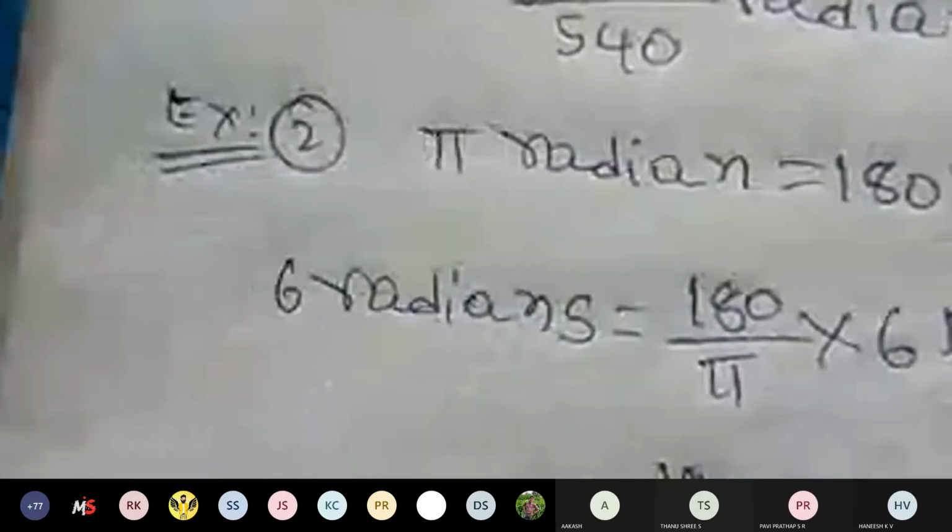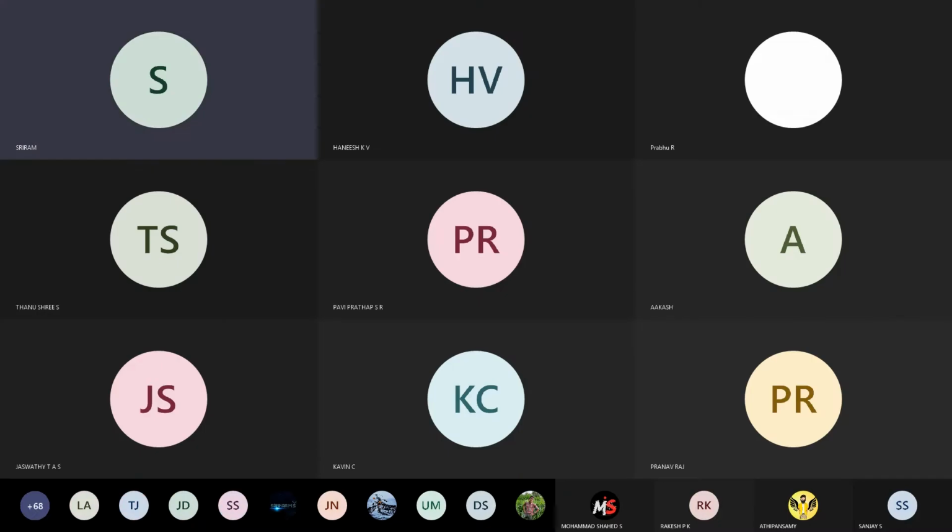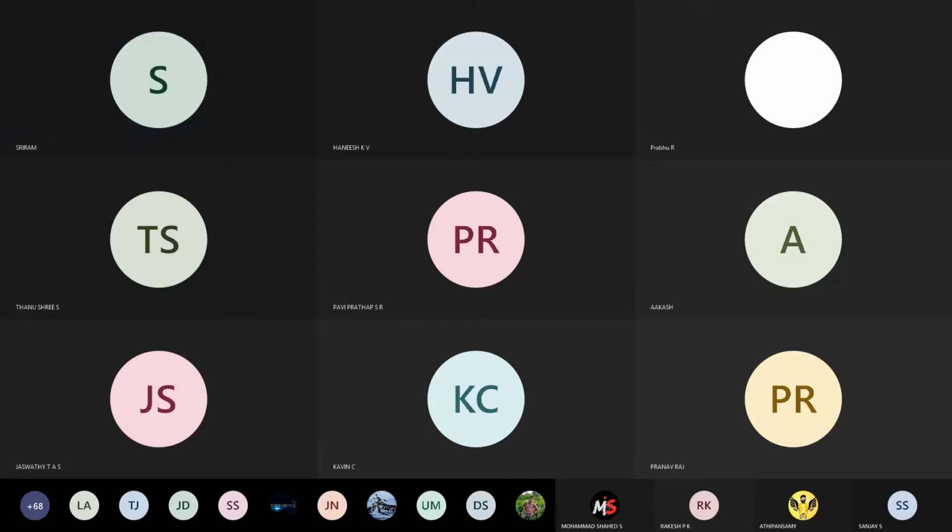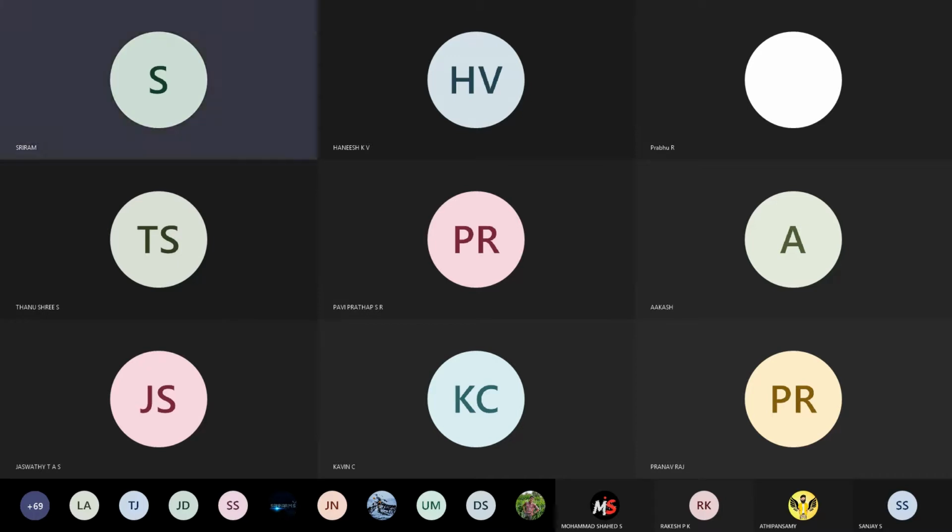So now, wait, I will share the screen. See, now what is given? 6 radians is given.